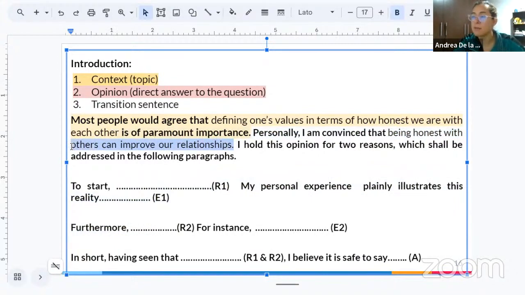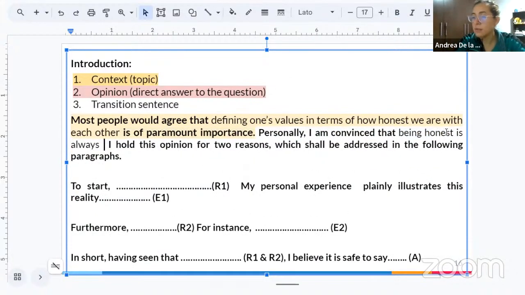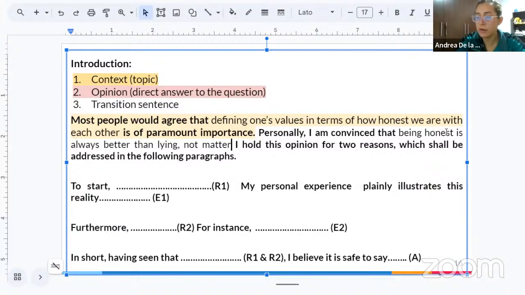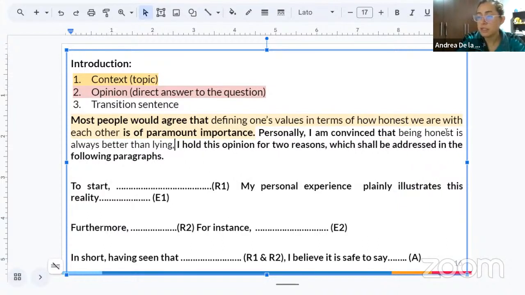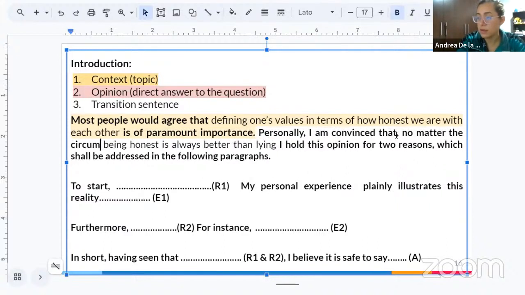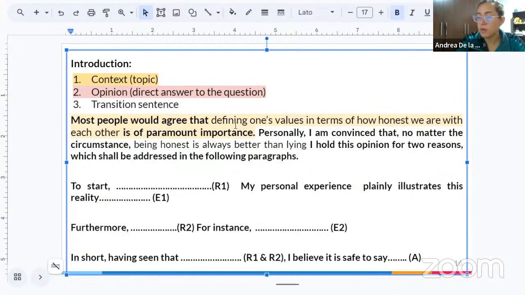So we're just going to say, I'm convinced that being honest is always better, or maybe we could say it's always the best option, or let's just say better than lying, right? Maybe we can change things a little bit, and we could say, I'm convinced that no matter the circumstance, being honest is always better than lying.